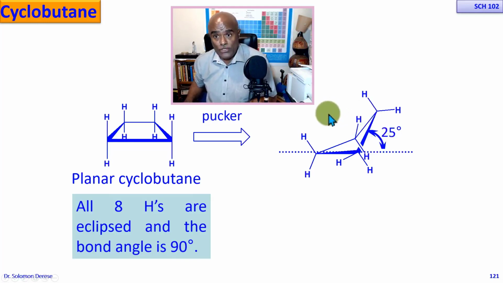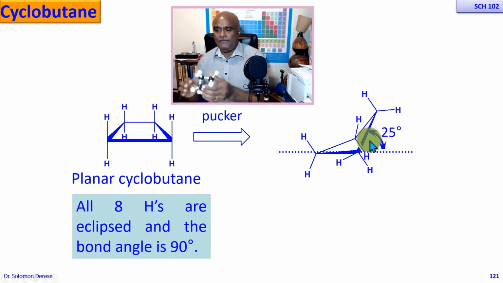In this structure, the torsional strain that was between this hydrogen and this hydrogen, and between this hydrogen and this hydrogen, is relieved. But unfortunately, this one and this one are still in the same plane. They experience some torsional strain, but some of it is relieved.